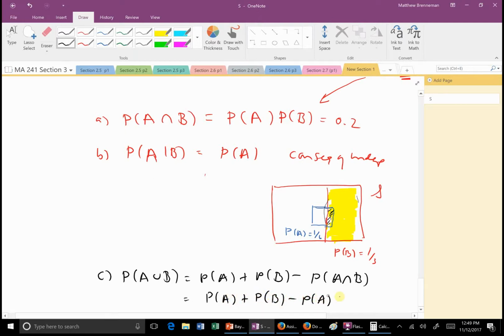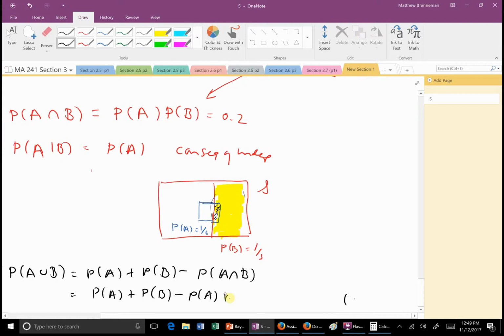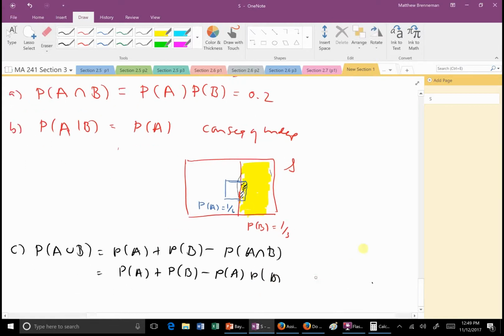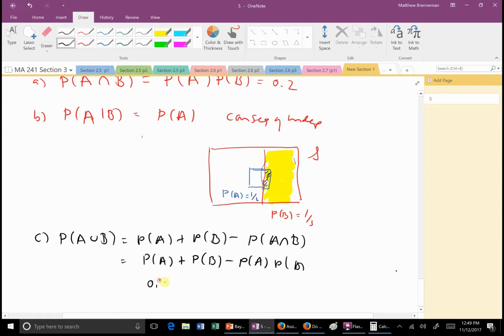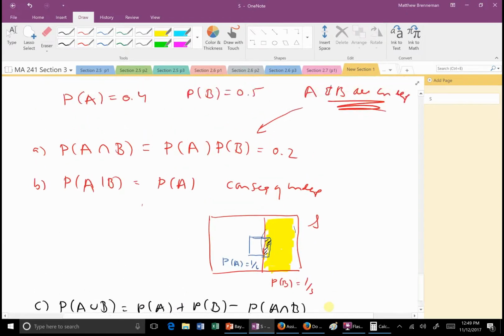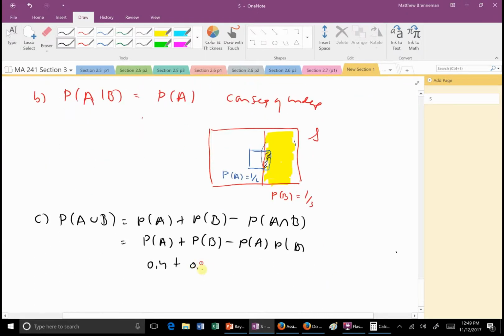Minus the probability of A times the probability of B. And you can just plug those numbers in now. It's very, very straightforward, right? 0.4 plus 0.5, and we've already done this, 0.2. So it's 0.7.